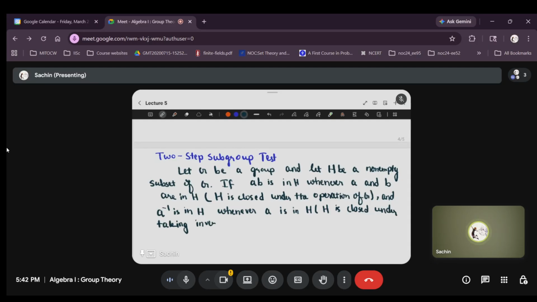Basically, every element has an inverse within the set. Then H is a subgroup of G.